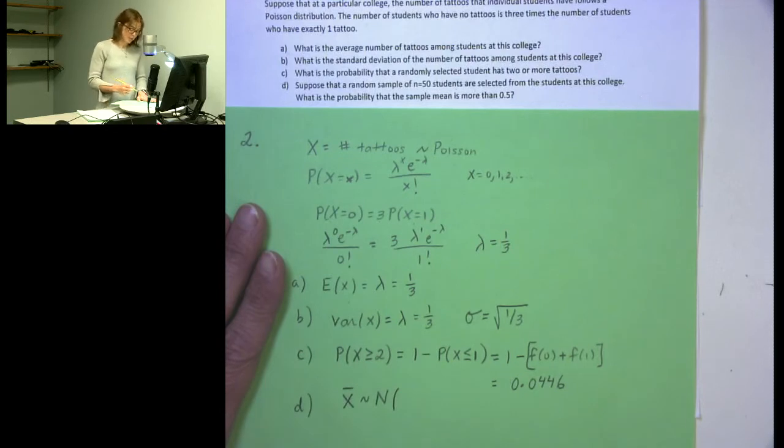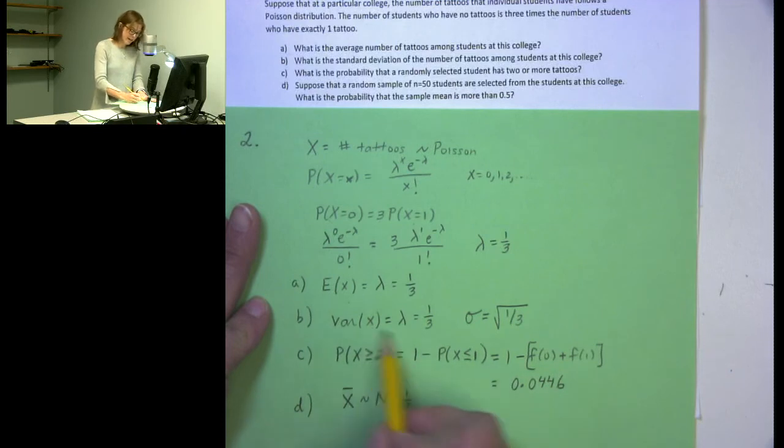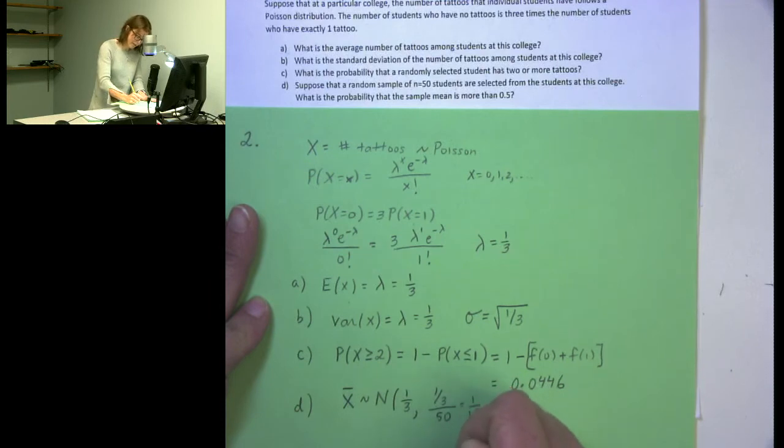The mean of that normal distribution will be at the mean of our population, so that's going to be at 1/3. And the variance is going to be the variance in the distribution, so 1/3, divided by the sample size of 50, so that's 1 over 150 is our variance.